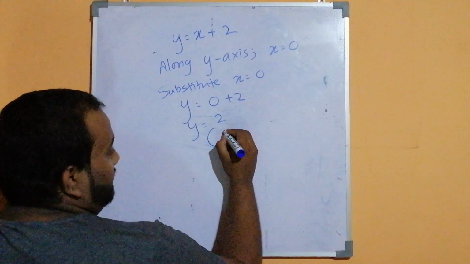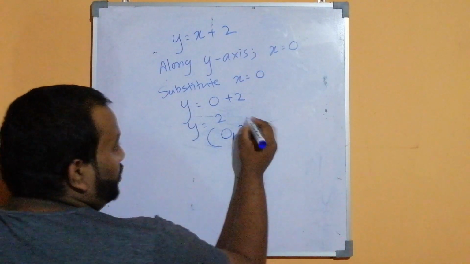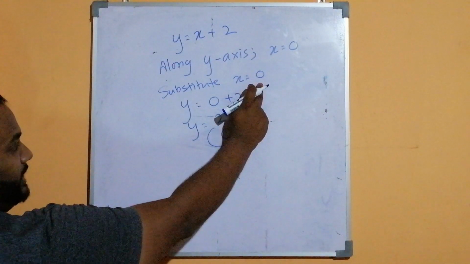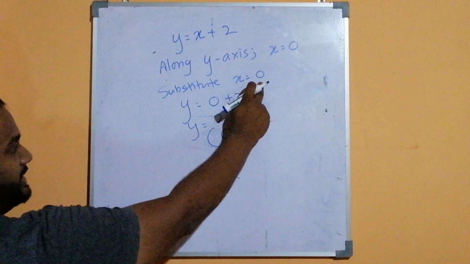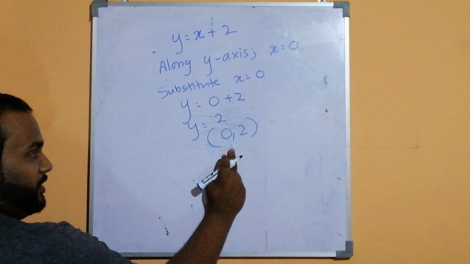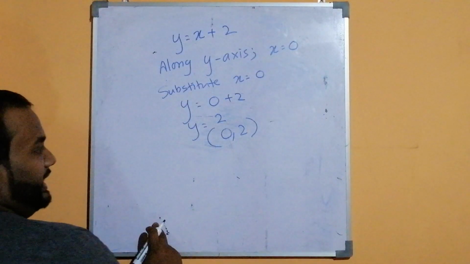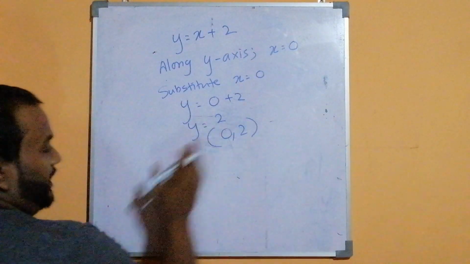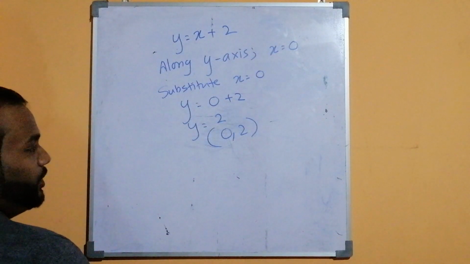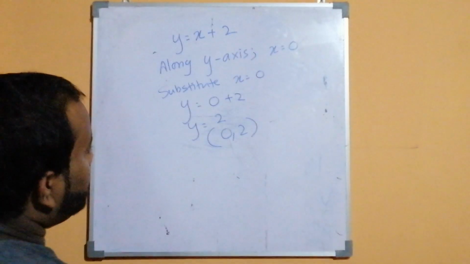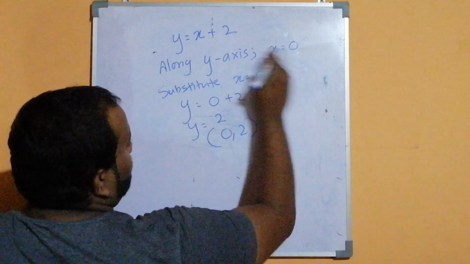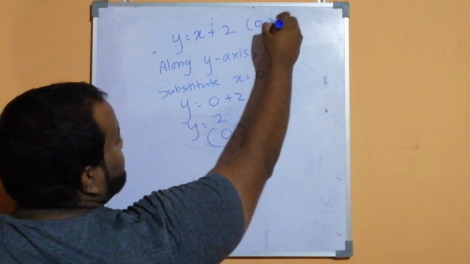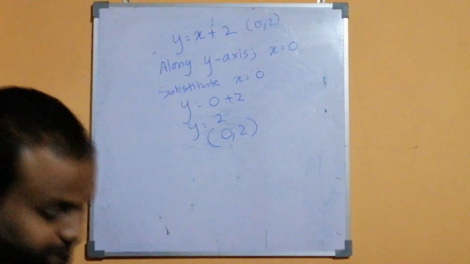Therefore, my coordinate will be 0, 2. Let's write the coordinate here as one coordinate, 0, 2.